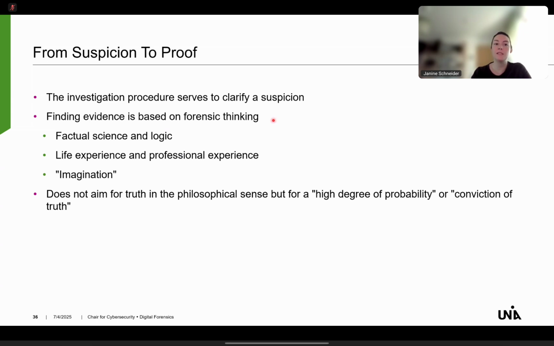What you need in order to find evidence is science, factual science and logic, like finding the facts. But also life experience and professional experience can help finding evidence. And you also need a little imagination, like what could have happened, and if that happened, where would it create traces? This is what is meant by imagination.